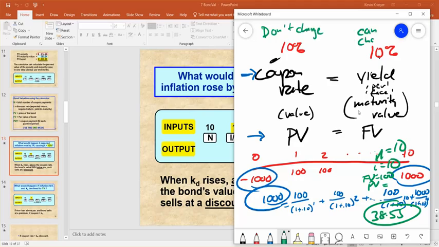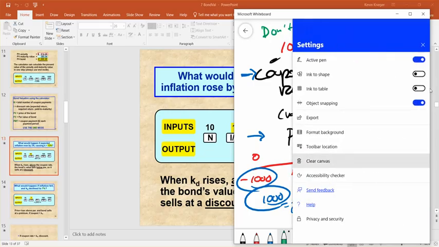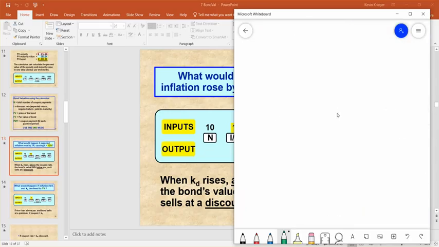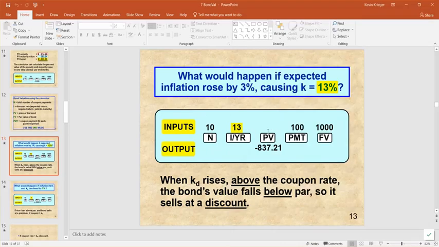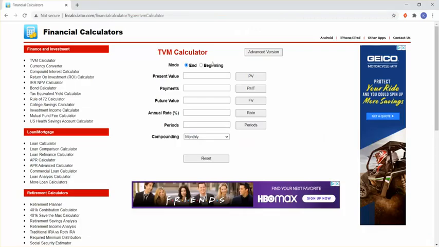Yields can change. What happens when they change? Well, you can see right here what happens when they change. Now yields are 13%. What happens when you go crunch the numbers in your calculator? Well, I'm going to look for a present value. My coupon payments are 10% of 1,000, so that's 100.